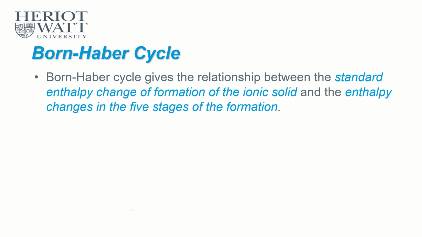According to definition, 1 mole of sodium chloride formed from its elements. So sodium solid from the elemental state plus chlorine gas form 1 mole of sodium chloride solid. That's enthalpy change of formation, which is what they meant here. So this is the formation equation.